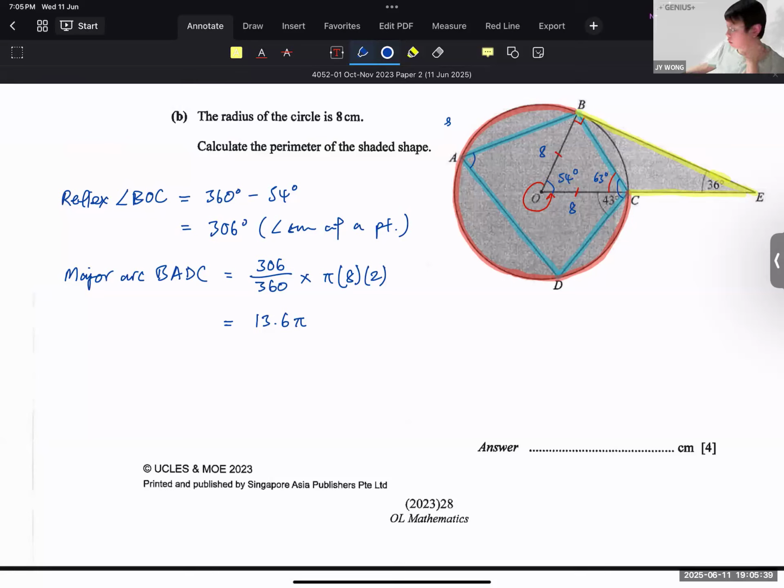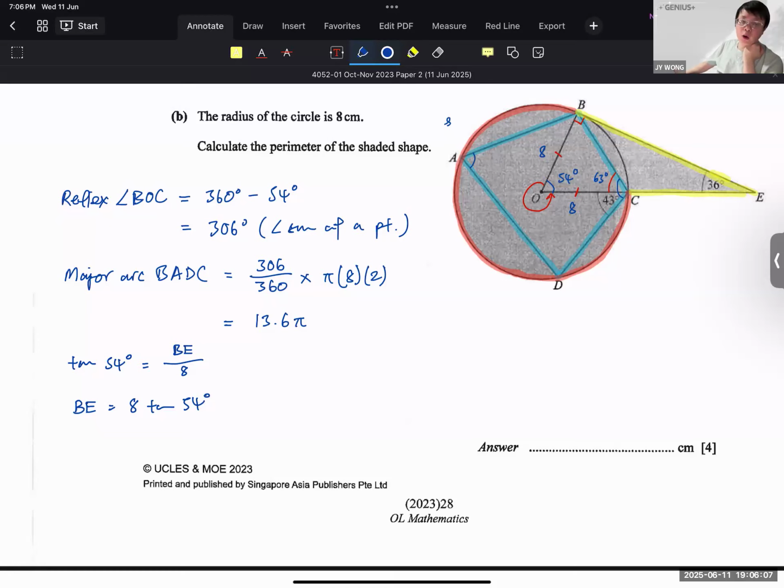Technically speaking, it doesn't really matter whether you use 54 or 36. So tangent 54 degrees is equal to opposite, which is BE, over adjacent, which is 8. And therefore, BE is equal to 8 tangent 54 degrees.